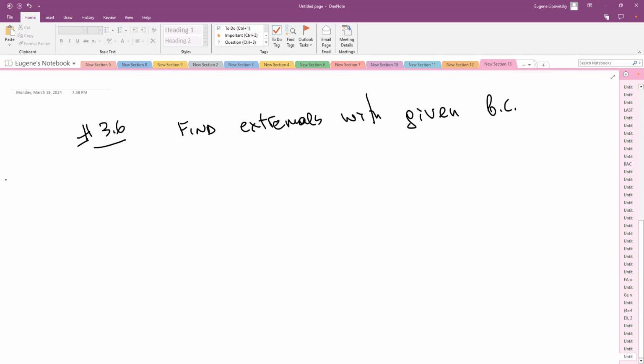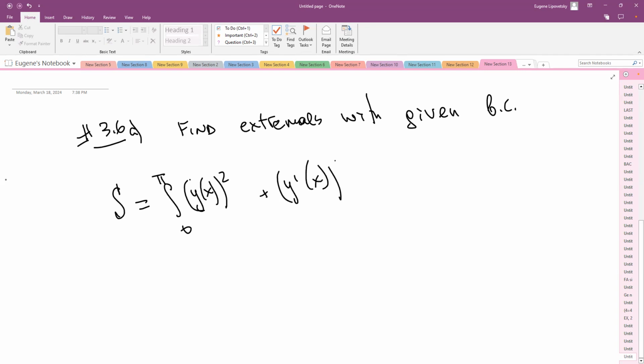So we have S equals the integral from 0 to pi of y of x squared plus y prime of x squared minus 2y of x sine x dx. All right. So we want S to go to minimum.